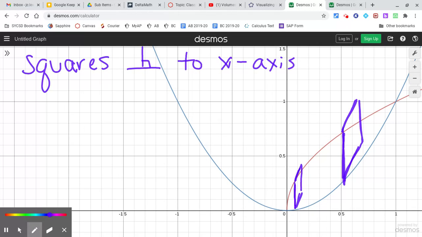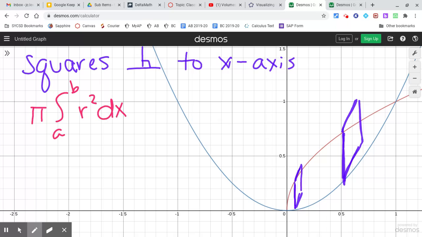And what do we want? How can we do this? If you remember back to when we did volume with the disk and washer method, what was that really? When we did disk method, it was pi times the integral from a to b of a radius squared, usually times dx or maybe dy.